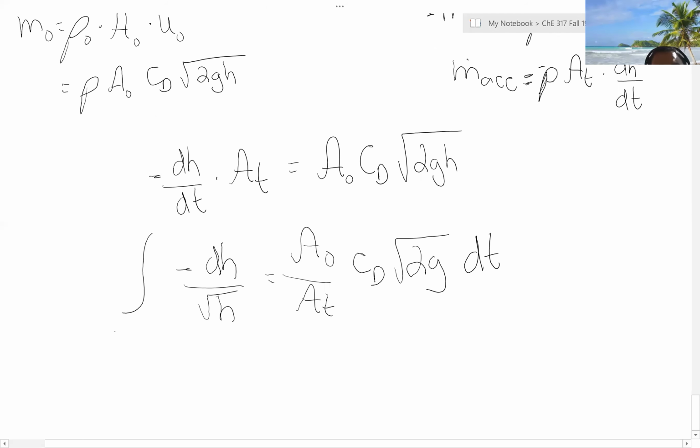So if I integrate this from my initial height to my final height, and I integrate this from 0 to t, I'll have an expression that states my height as a function of time.